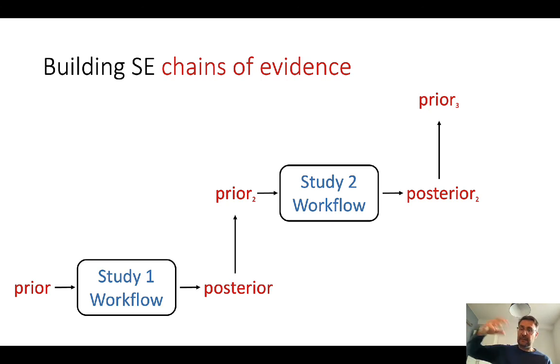So we can build ladders of studies that more directly build on each other. Of course, this is idealistic, because in practice we cannot directly use a posterior as a prior in the next step. Often this goes through some kind of created knowledge, and then we can calibrate our prior in the next one.